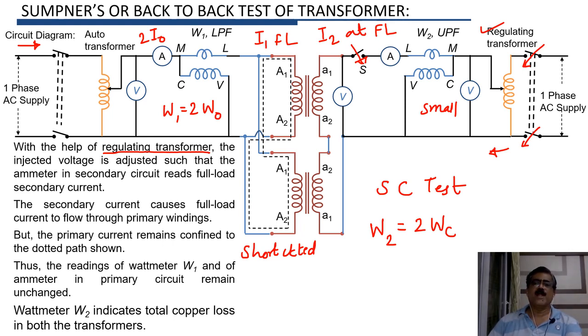Therefore, the wattmeter reading on the secondary side shows the copper loss in transformer 1 plus transformer 2, if the EMF injected is such that the current in primary and secondary is equal to full load current.